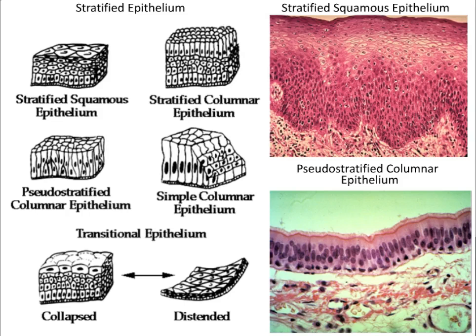Stratified means there is a layer by layer arrangement of epithelial tissue. So that may be of simple epithelium, that could be columnar epithelial tissue or pseudostratified columnar epithelial tissue. So different three basic types of epithelial tissue, when arranged in layers, are termed stratified epithelial tissue.